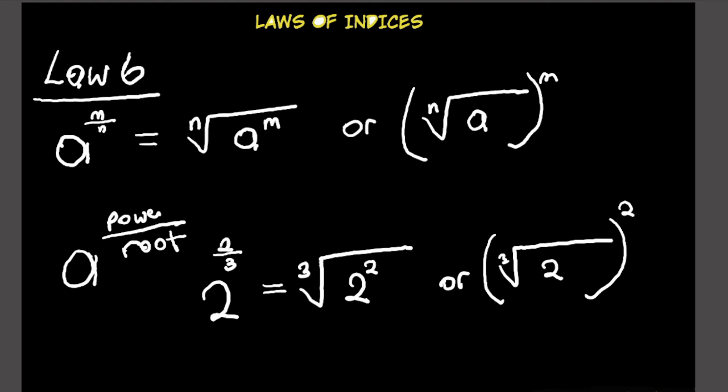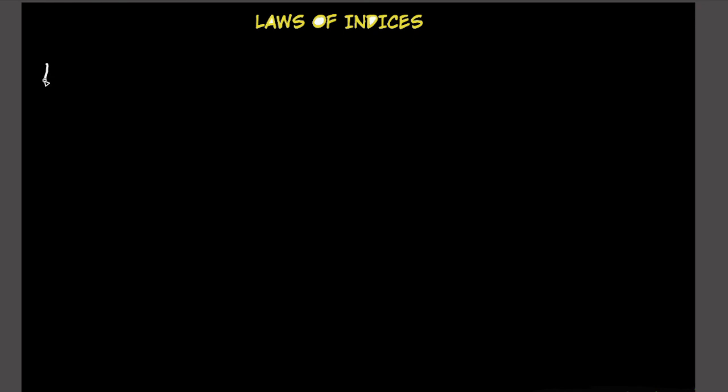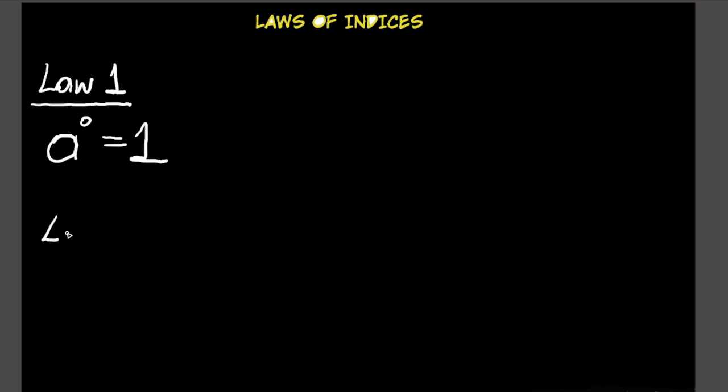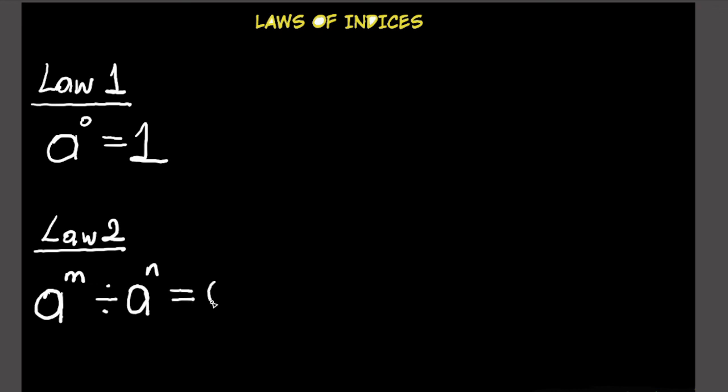Let's recap all 6 laws. Law 1. A raised to the 0 power is equal to 1. Law 2. A raised to the m power divided by a raised to the n power is equal to a raised to m minus n.